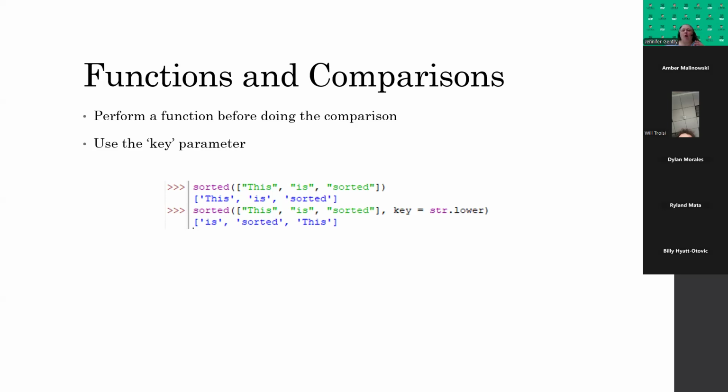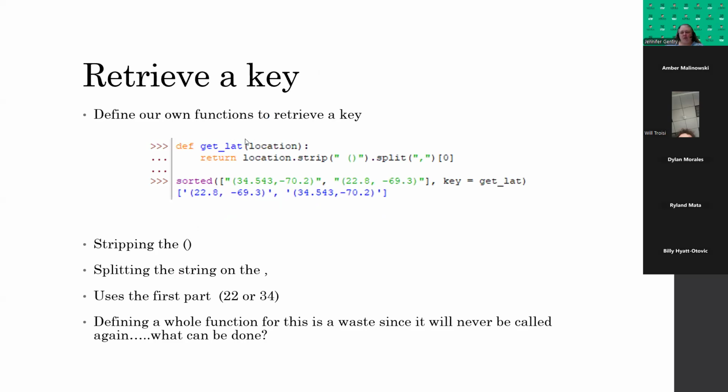Okay. We can define our own functions to retrieve a key. So here I'm defining a function, get_latitude, and I'm going to send it a location. What I want to do is strip, and then do a split, and then return the first value.